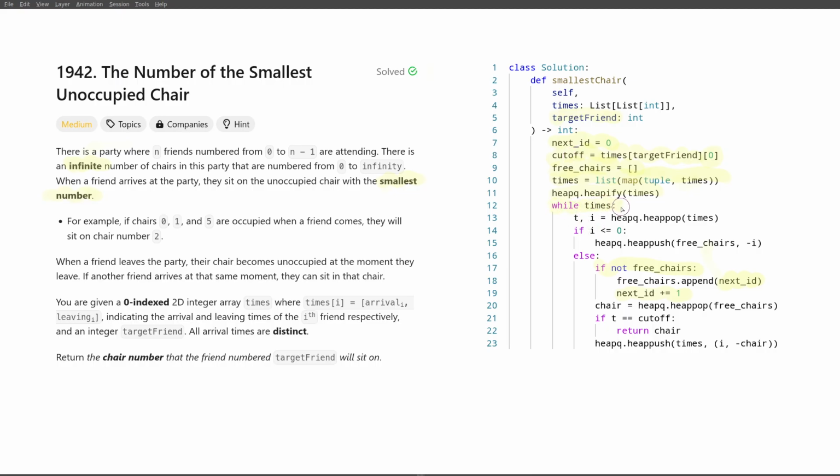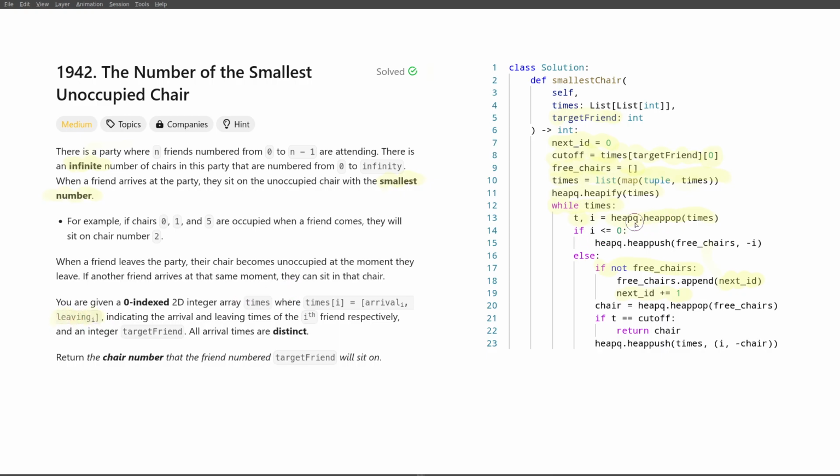And now we'll be going through all our events. This is very typical in problems with priority queues. And now, when we have this event, we use the heap pop to get the event with the smallest value. So essentially the smallest time. And I will be taking that i to be non-positive if it's supposed to be processed first, because smaller numbers will be processed first, to mean that this is an event of a person leaving.